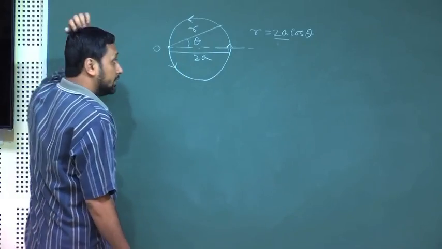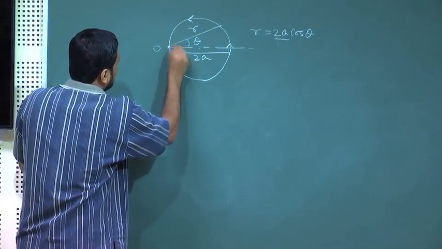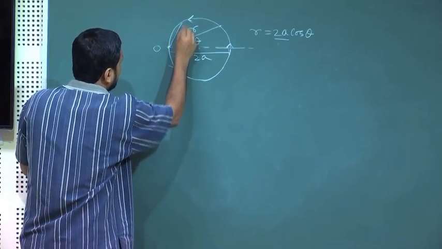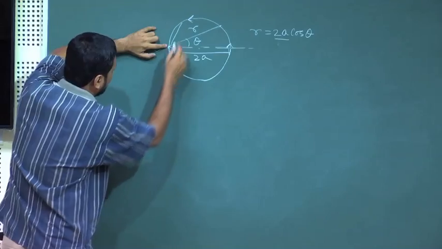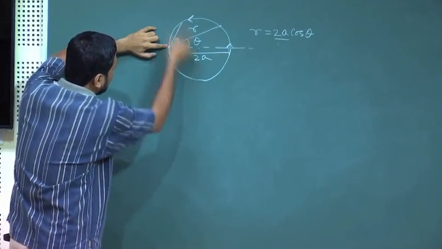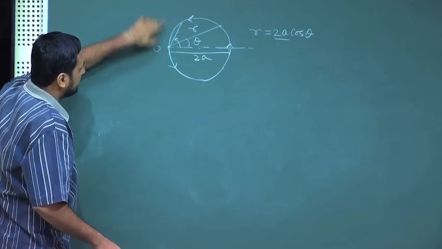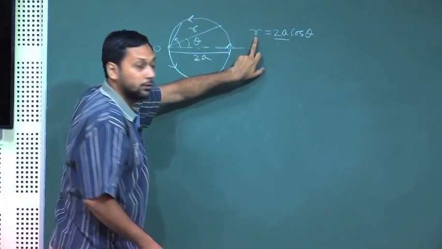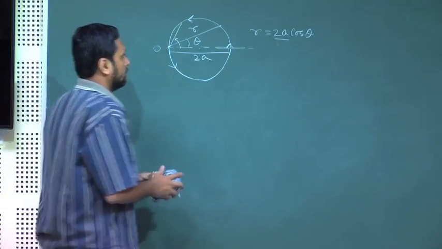When we put theta equal to 90 degrees, please understand this, closer and closer we are coming to the origin, theta goes on increasing and the limiting value is theta equal to 90 degrees. At theta equal to 90 degrees, we have r equal to 0. So, this is the equation we are looking for.